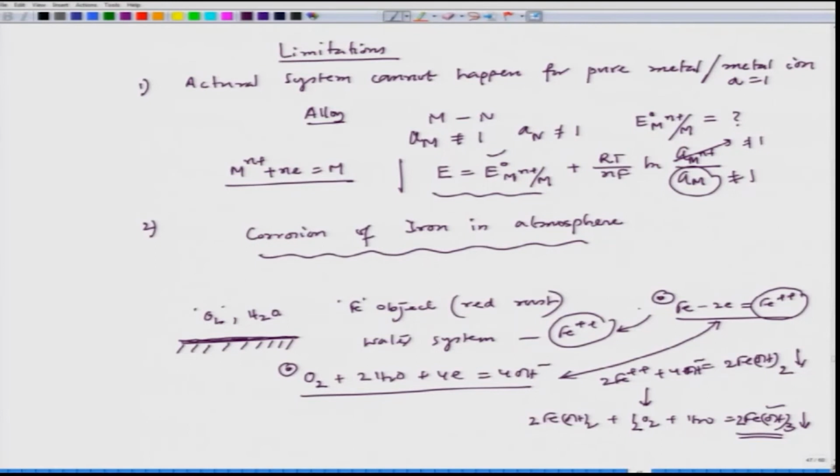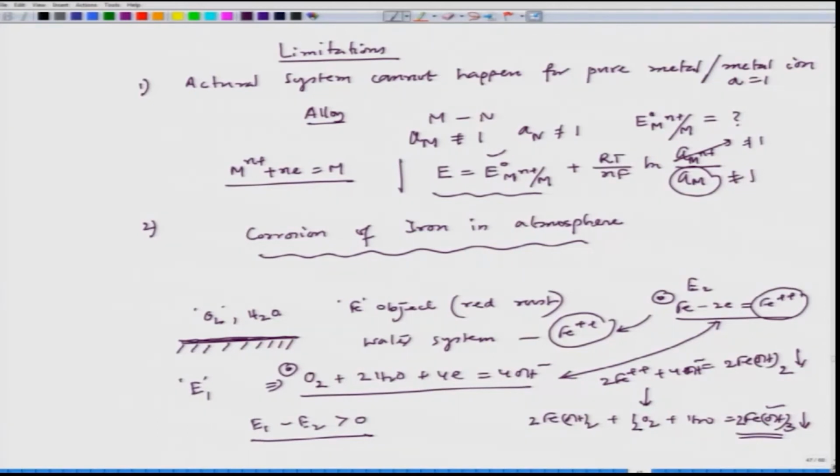For example, here we can have a reduction potential developed, E1, and here also we have a potential developed. So, if E1 less than E2 greater than 0, then we can say that iron corrosion would be a possibility.